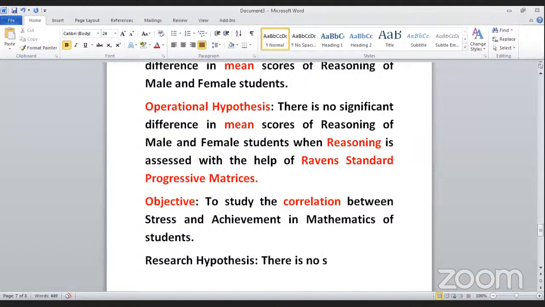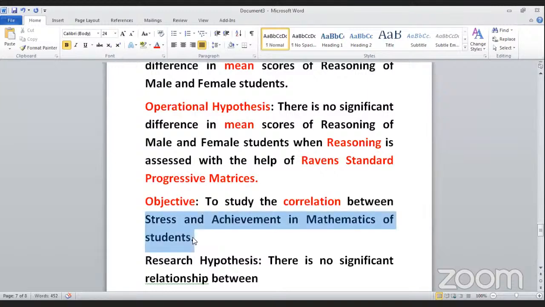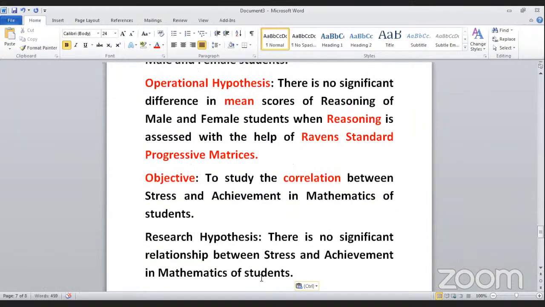So there is no significant relationship between stress and achievement in mathematics of students.